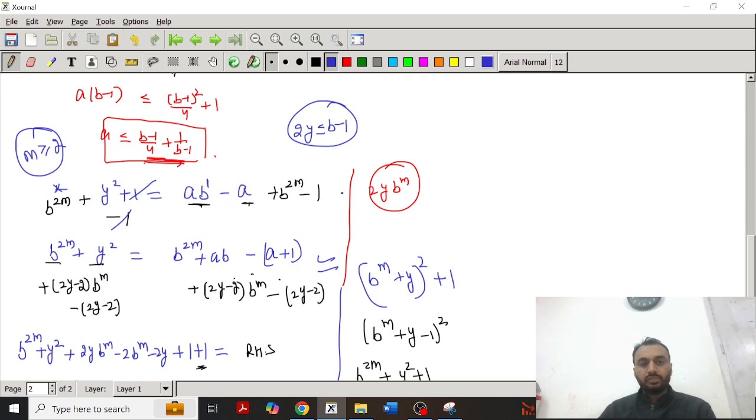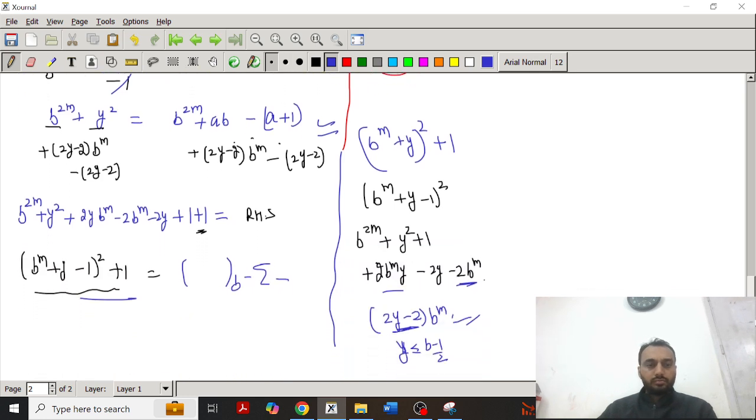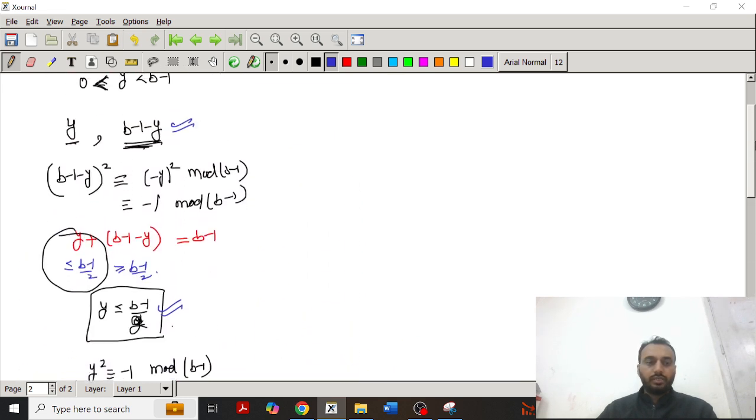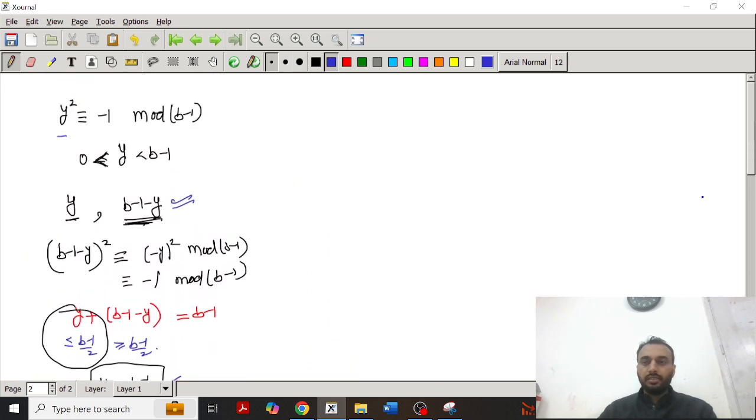Okay, because b power 1 is already used, so m should be greater than or equal to 2. We get the desired answer. So that is infinitely many numbers. If you have one number, you have infinitely many numbers.